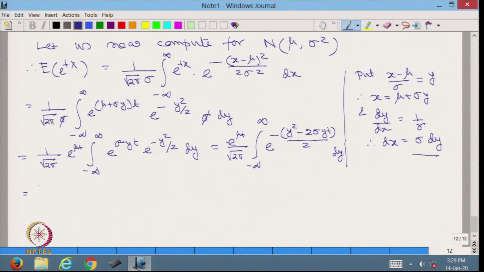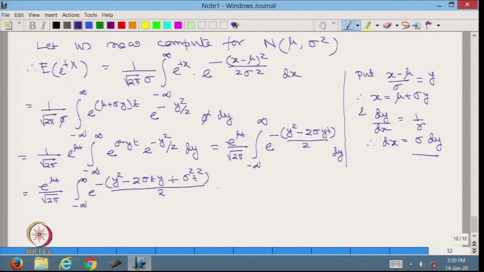This is equal to e to the power mu t upon root 2 pi, integration of minus infinity to infinity e to the power minus (y square minus 2 sigma t y plus sigma square t square) divided by 2. So, we have added sigma square t square with a negative sign.